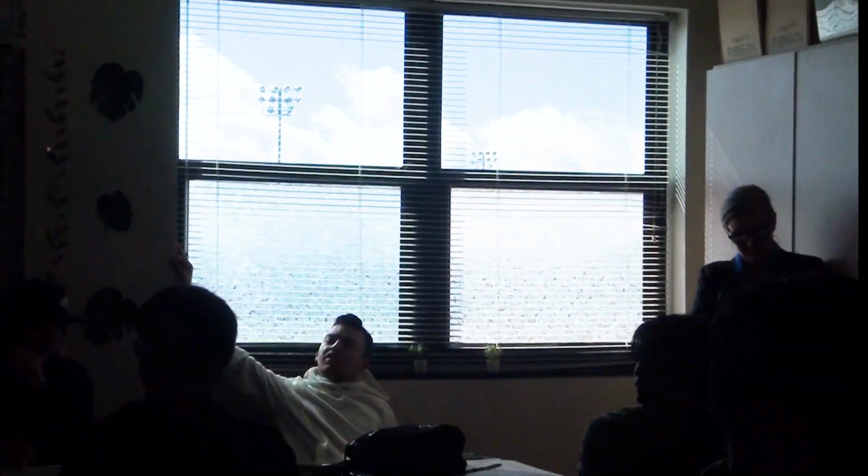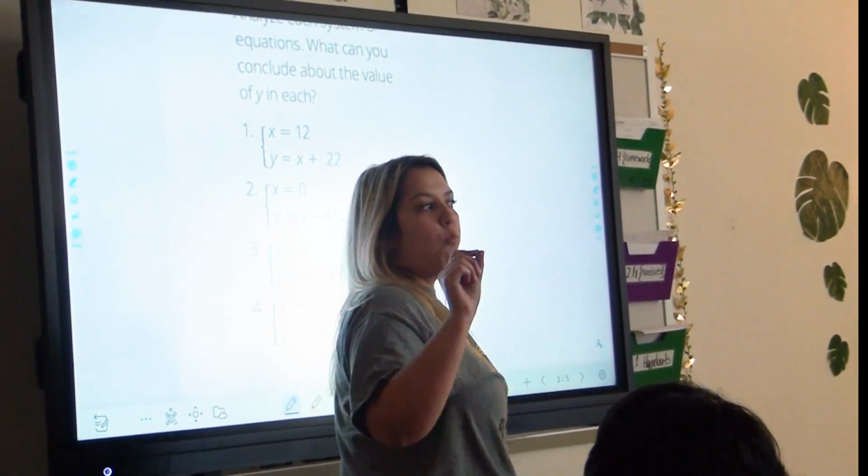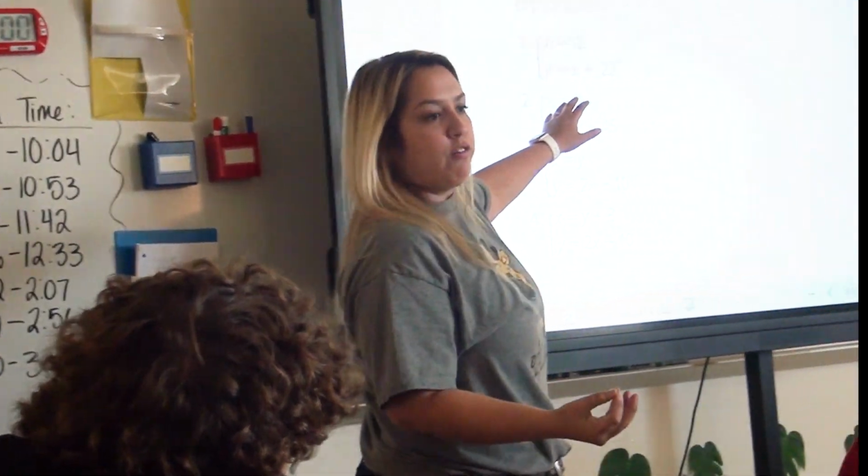Diego, speak up a little louder. X equals 12 plus 22. So, the vocabulary, he substituted x for what number? Where did he get that 12? It says x equals 12, correct?